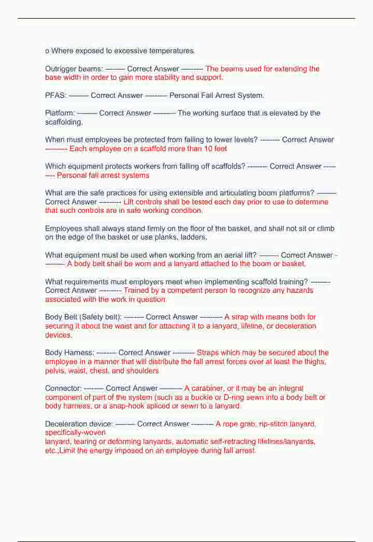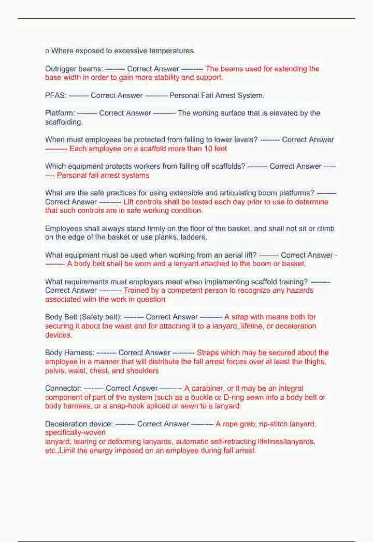Body belt, safety belt. Correct answer: a strap with means both for securing it about the waist and for attaching it to a lanyard, lifeline, or deceleration device. Body harness. Correct answer: straps which may be secured about the employee in a manner that will distribute the fall arrest forces over at least the thighs, pelvis, waist, chest, and shoulders. Connector.